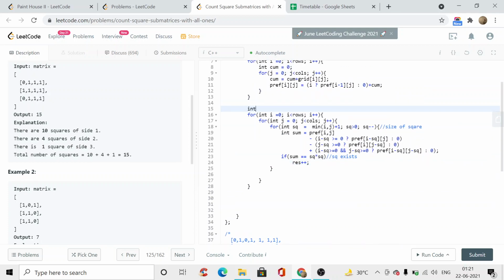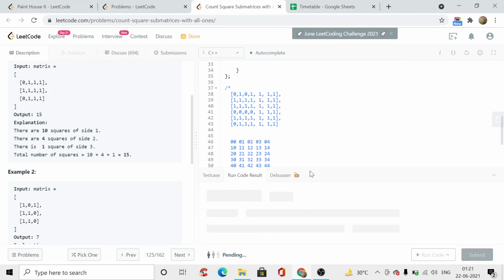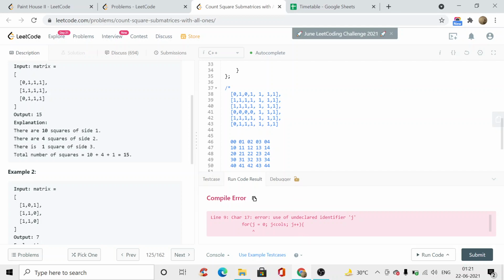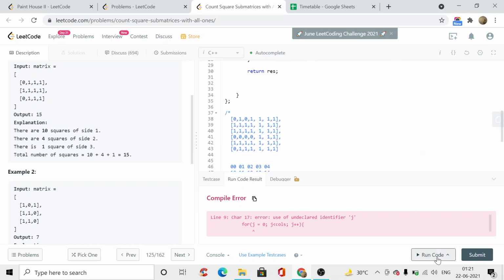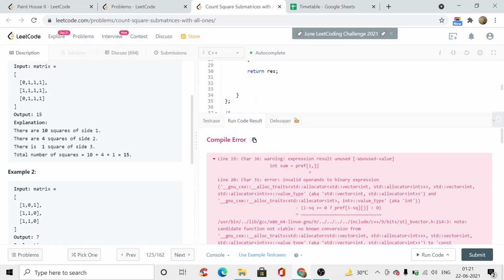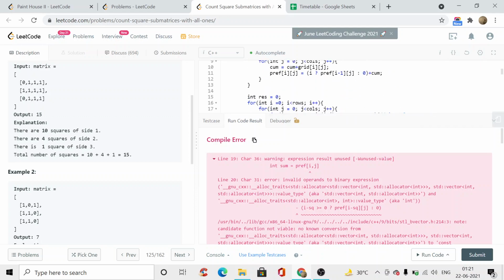Fine. So I see J is undeclared. Pref of I of J. Okay. Which line? 19.